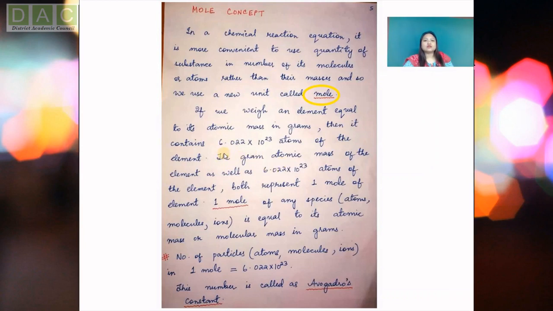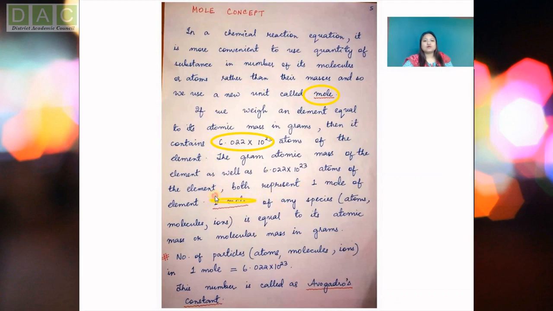That is, what is the mass of an atom of an element? It is 6.022 into 10 to the power 23 atoms of the element. So both this atomic mass and mass of the atom, they are equal and both represent 1 mole of element.